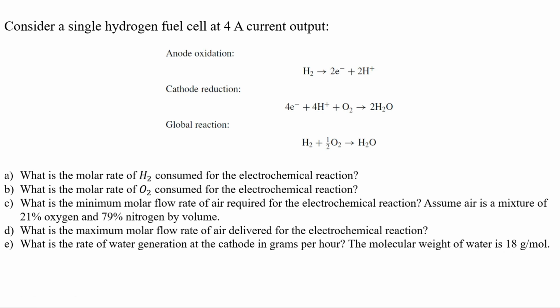We have a fuel cell whose capacity is to generate a 4 ampere current. Now, in order to generate 4 ampere current, what will be the minimum amount of hydrogen required? We know that in a fuel cell, hydrogen and oxygen get consumed. So, in parts A and B, we have to determine the molar flow rate of hydrogen and oxygen consumed. In part C, we have to determine the minimum molar flow rate required for the electrochemical reaction.